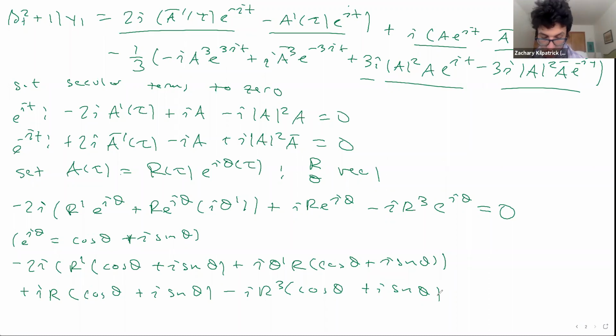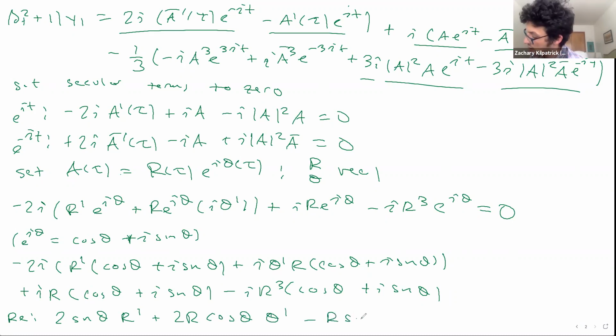We end up with the real part, which is going to be 2 sine theta r prime plus 2r cosine theta theta prime minus r sine theta plus r cubed sine theta equals 0.